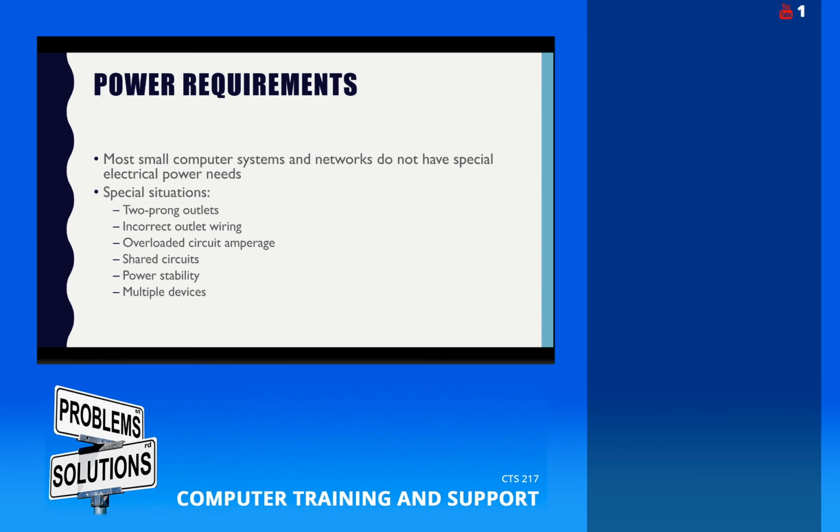Incorrect outlet wiring, overloading the circuit, shared circuits where if the circuit trips, it could also impact the circuit that the device is on. Power stability and multiple devices. Now, power stability and a lot of that kind of stuff we can handle with power conditioning. We could take a UPS and put it on the line, and it can help us with our power stability.